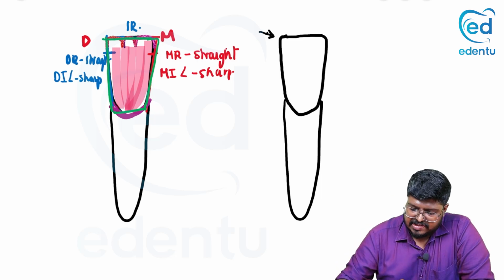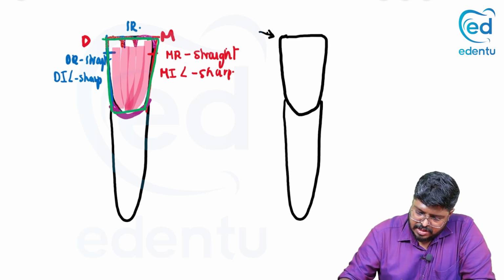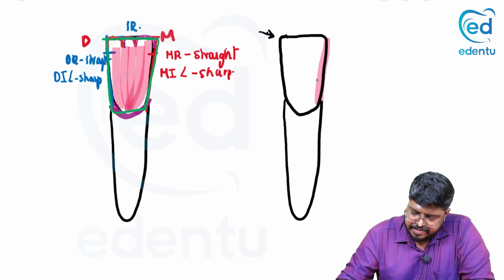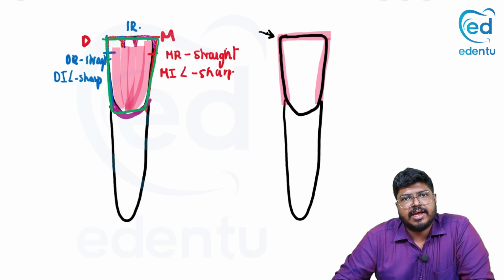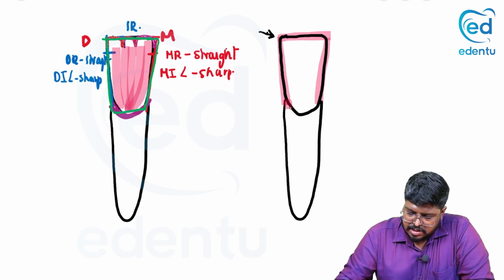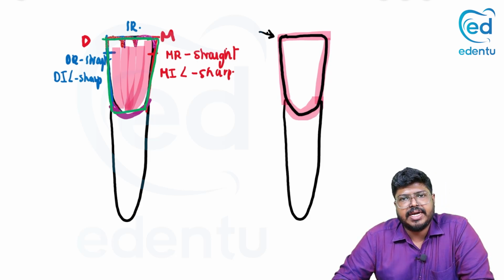mandibular central incisor. So, in review, the mesial marginal ridge is straight, the distal marginal ridge is also straight. They meet sharply at the mesio-incisal angle and the disto-incisal angle. These are both sharp. The CEJ is symmetrical.